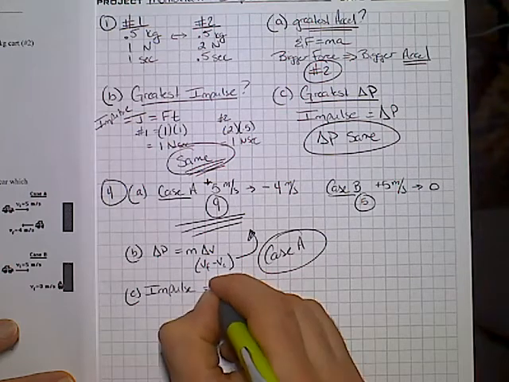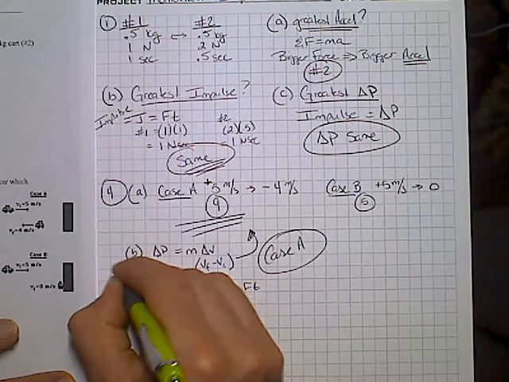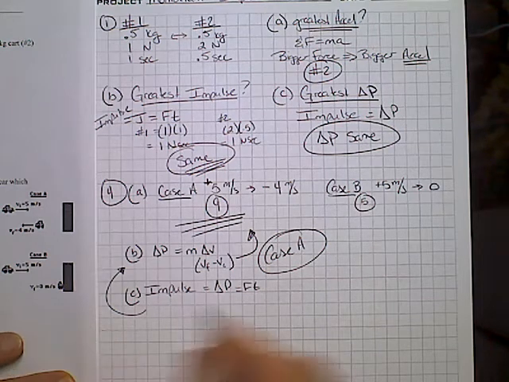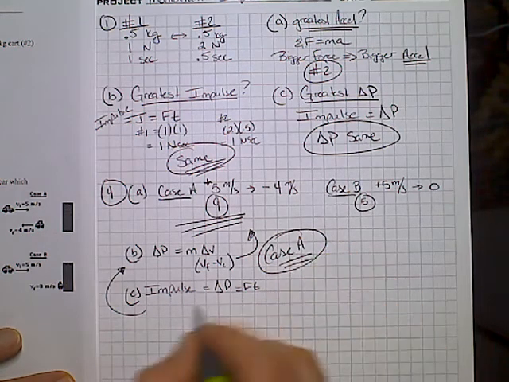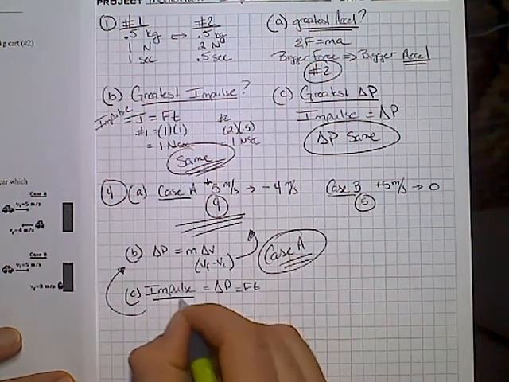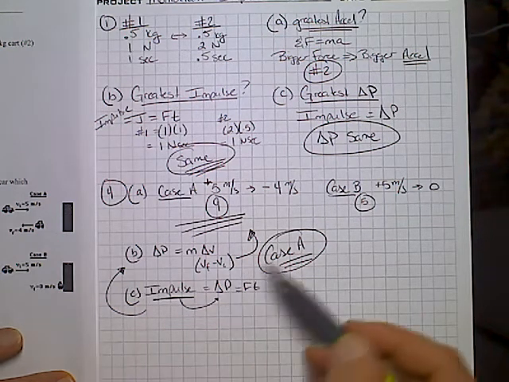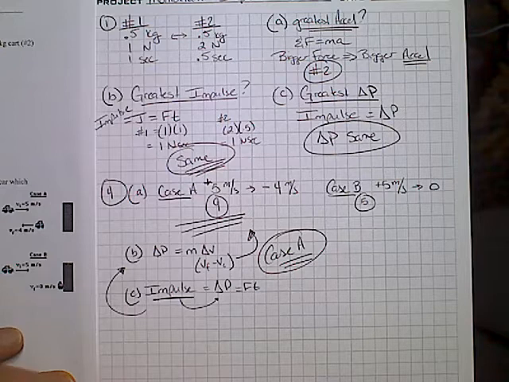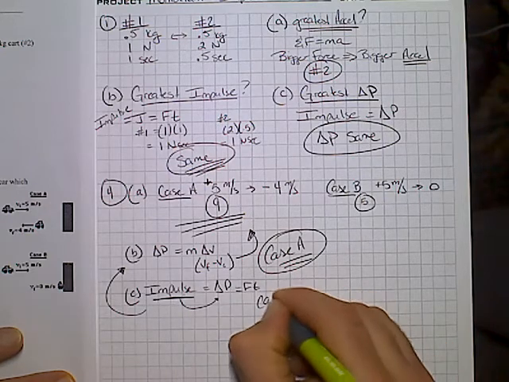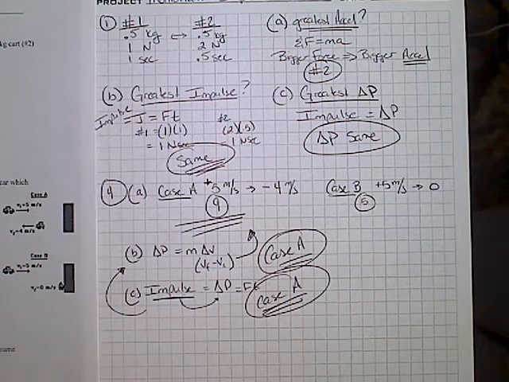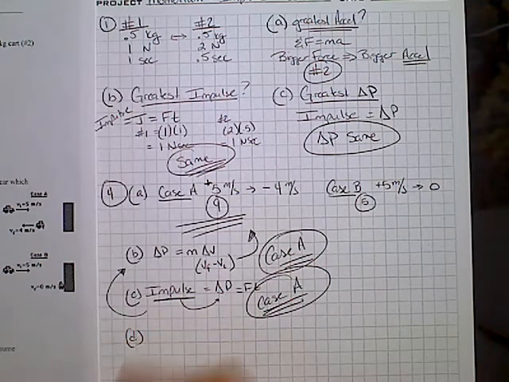Well, we just said in part B that the one with the greatest change in momentum was case A. Impulse is change in momentum. So which one has the greatest change in momentum? Case A. Which one has the greatest impulse? It's case A again.